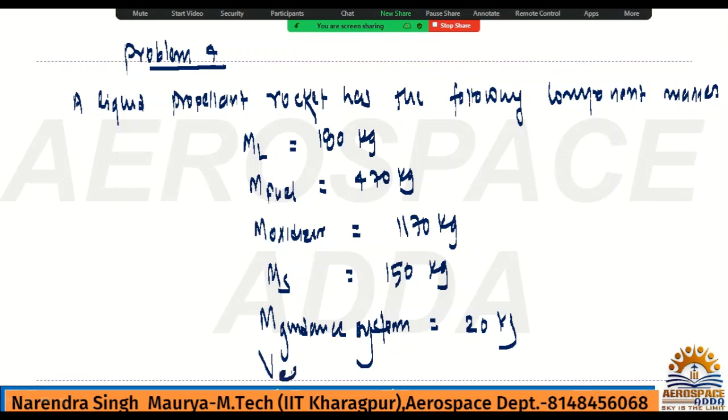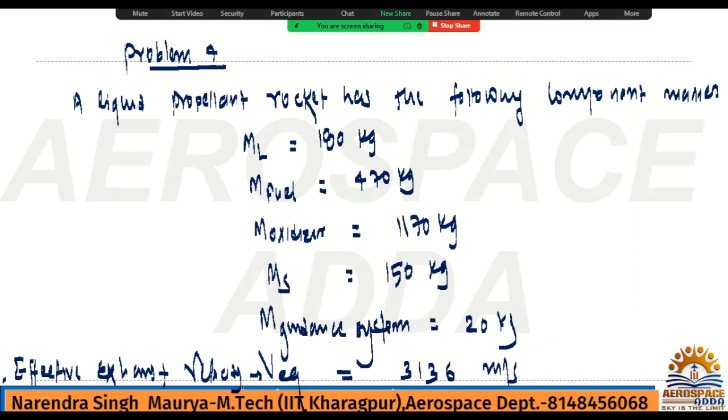Effective exhaust velocity they have given to us is 3136 meter per second. This is called effective exhaust velocity. For this problem, they are asking the velocity increment.